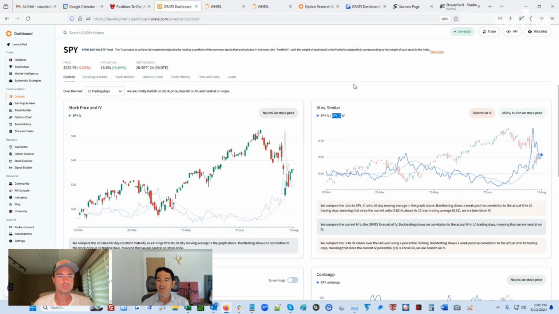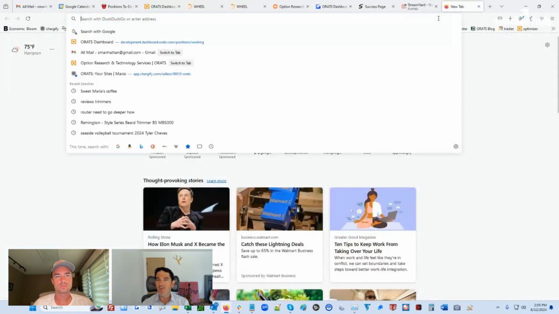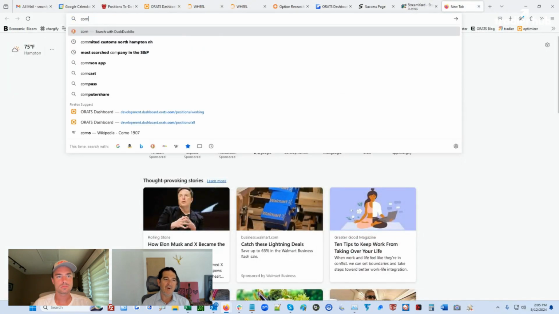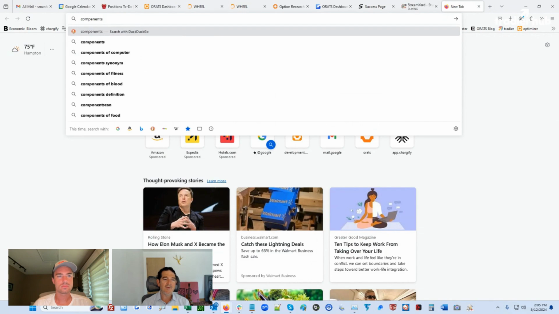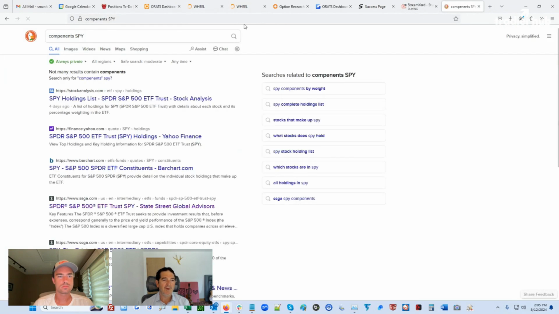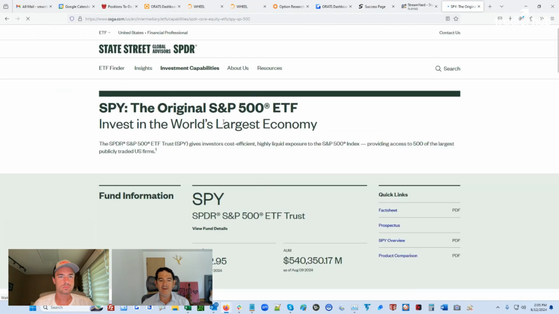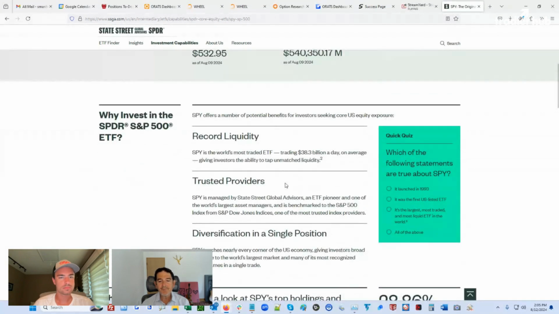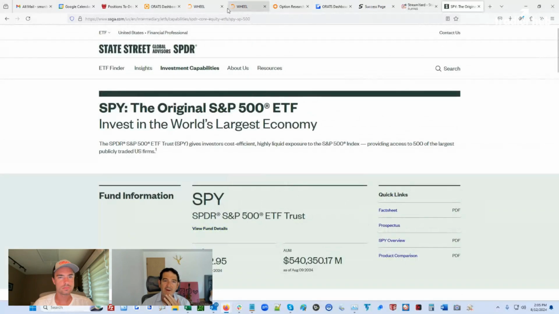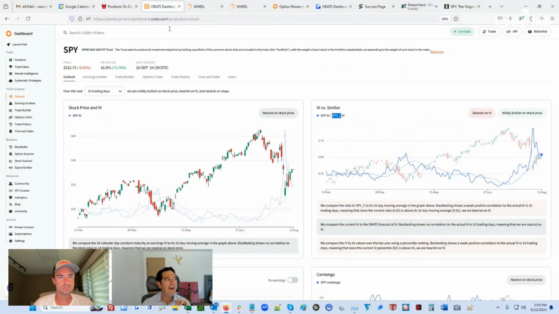So what we would do is go in and type in the components for SPY, and then you find what the components are and what the weightings are. Then we go in and find, so Apple is one, Microsoft's another.